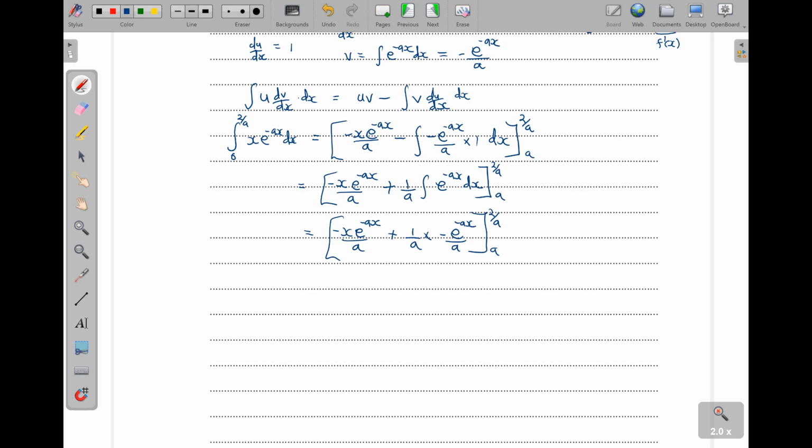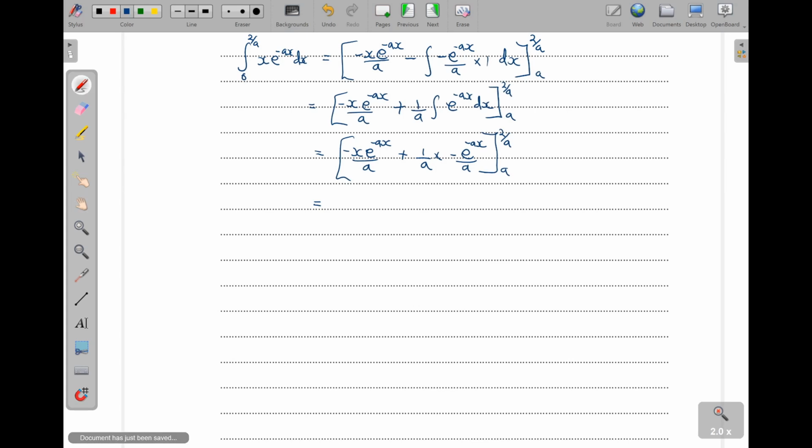Simplifying everything, in fact we can put the limits. So let's put 2 over a wherever there is x. So this is negative 2 over a. It will find the a which is down there, and then it becomes a squared. Then e to the power of negative a, then times 2 over a. And then this one is a minus 1 over a squared. There's a minus here, then a times a.